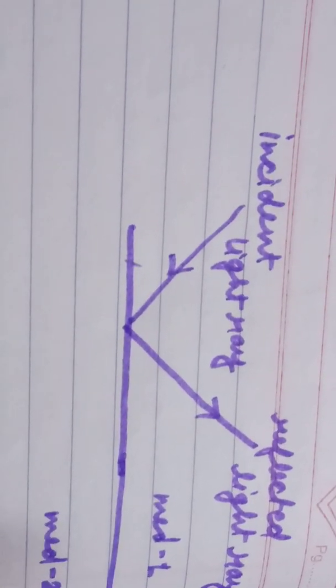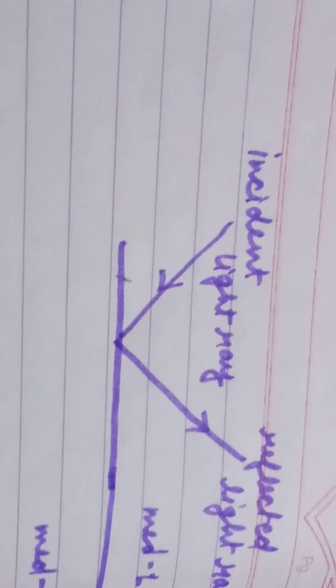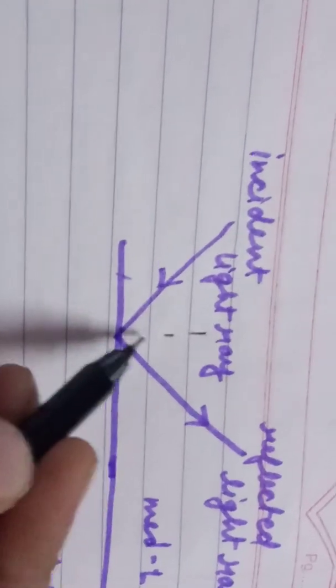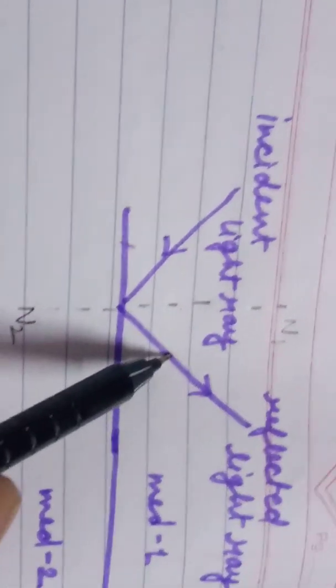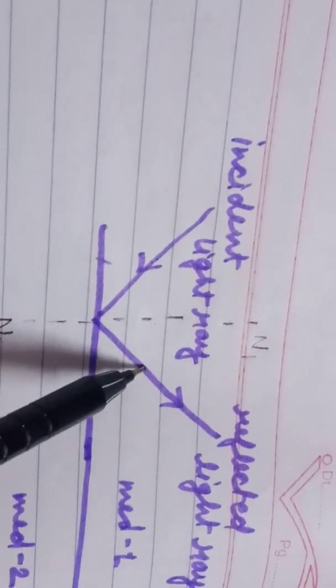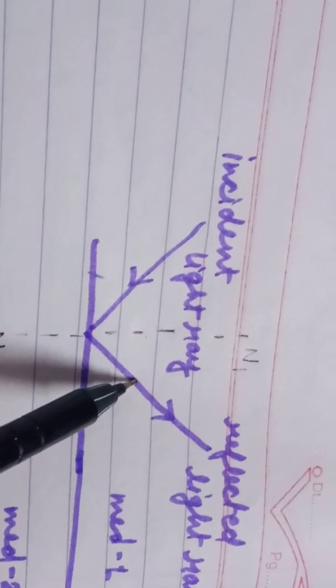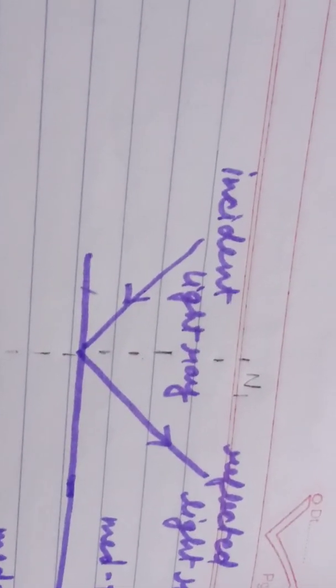The incident light ray, normal, this is the normal, N1 N2. The incident light ray, normal and reflected light ray all three lie in the same plane. This phenomenon is called reflection.